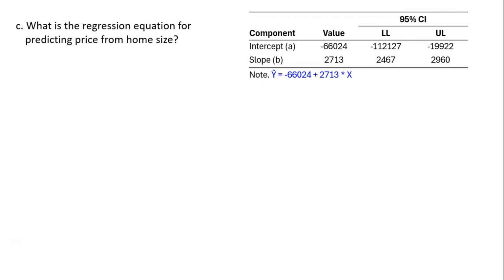So think in your mind, that line on that regression scatter plot would move down and would intercept or cross over the y-axis at about a minus 66,000 if we brought x all the way down to 0.